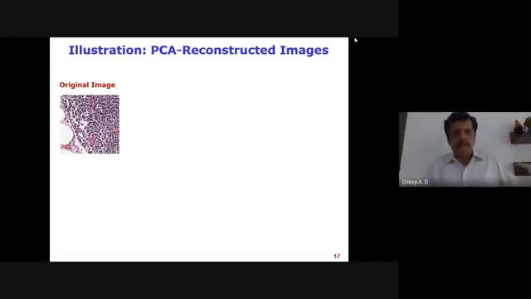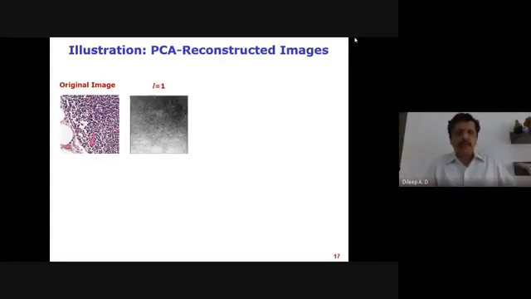I projected the data vector onto that and then tried to reconstruct it. What you see here is the result after projecting onto the single direction with the maximum eigenvalue. Now the data representation is a single value, and if I reconstruct it, you're not going to see anything there.